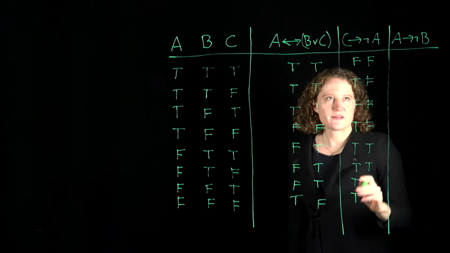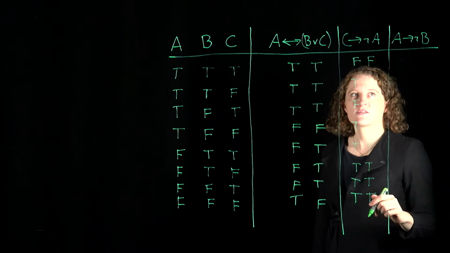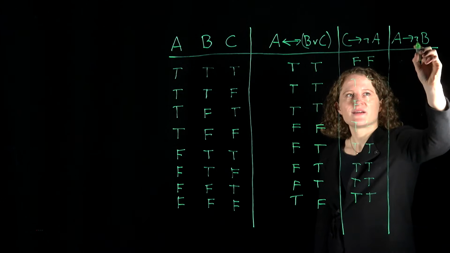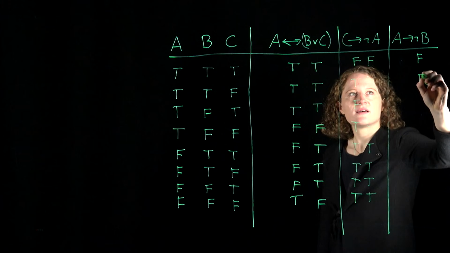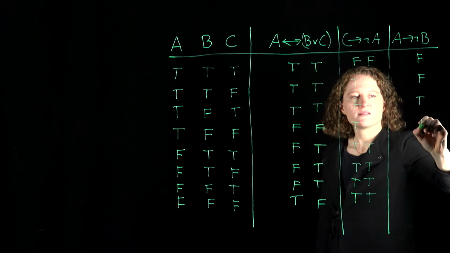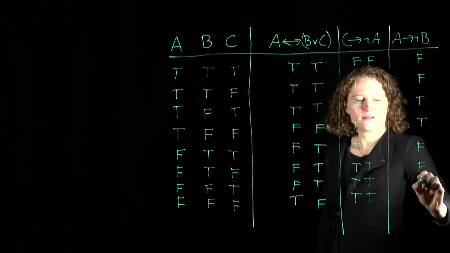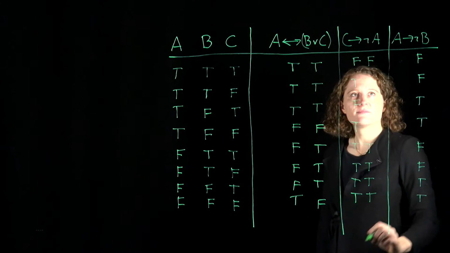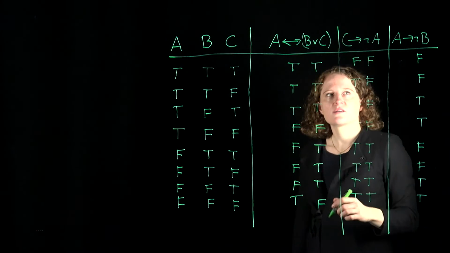And it only remains to be seen on what valuations the third sentence is true. So I'll start by filling in the column under the negation sign. That's F, F, T, T, F, F, T, T. And now I need to fill in the column under the conditional.